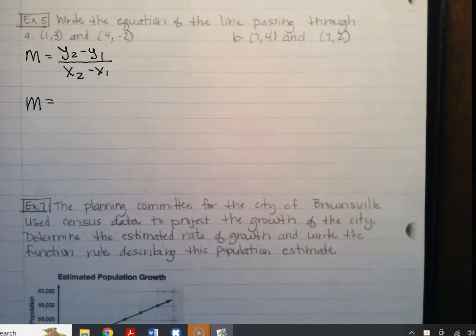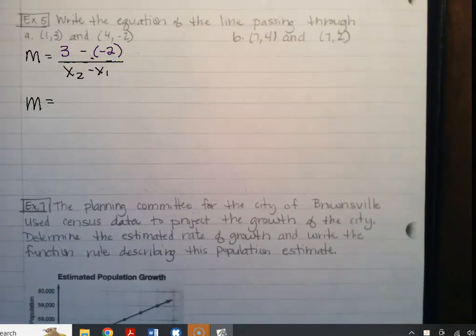So what is the first y value we want to use? 3. All right, perfect. So we put a 3 in. What's our second y value then? -2. So it's 3 minus -2. Just because the minus is already there does not mean we can disregard it.